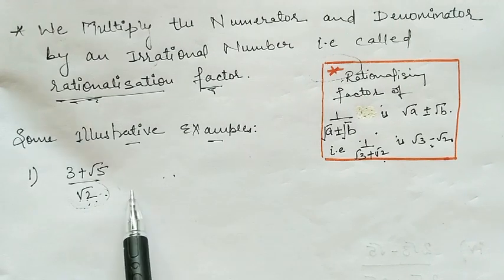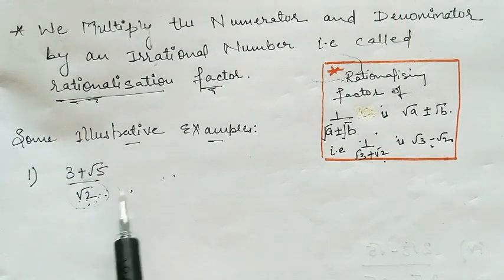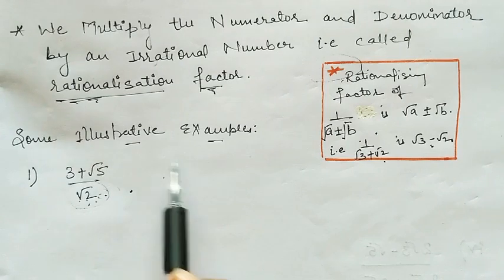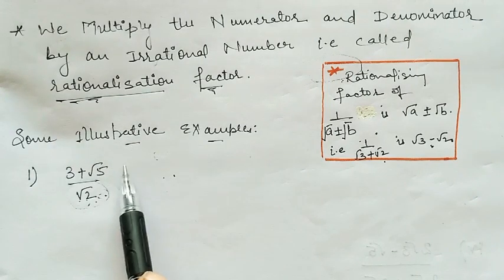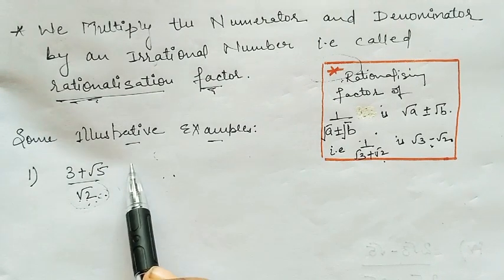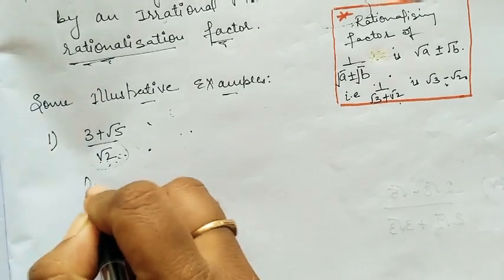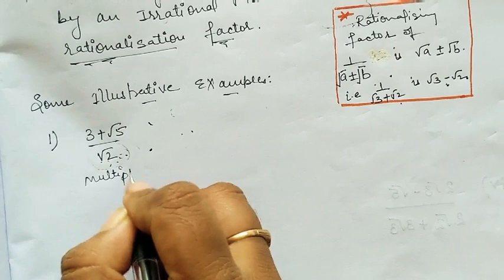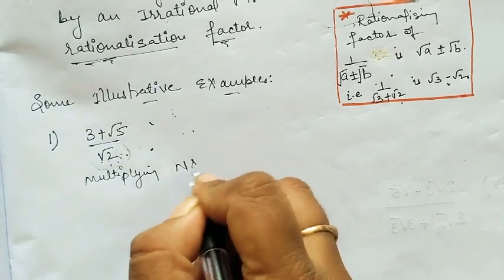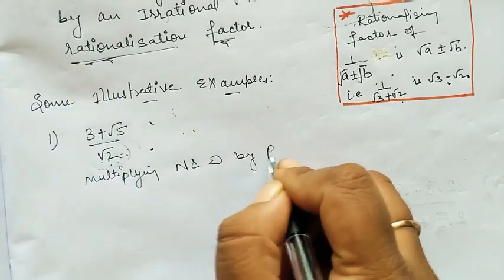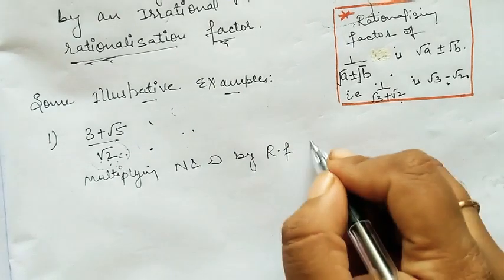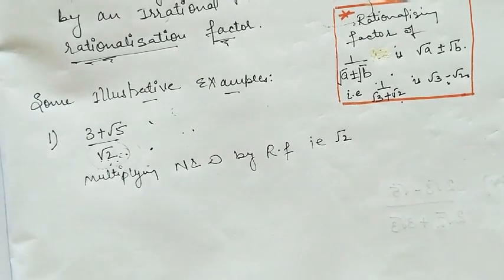If you are multiplying the denominator, according to the math rule, we need to multiply the same thing to the numerator also. So we write: multiplying numerator and denominator by the rationalizing factor, that is root 2.